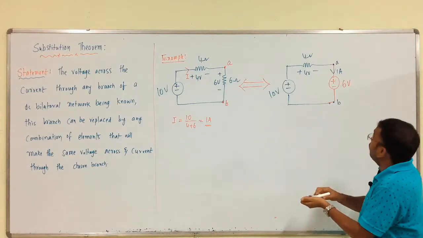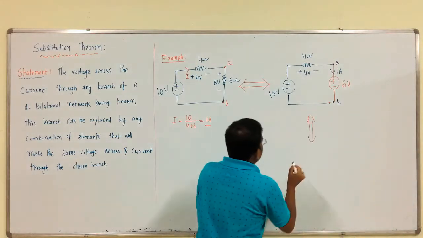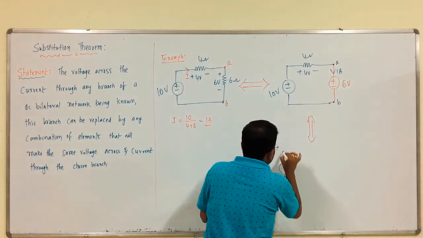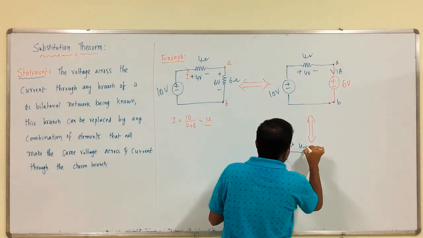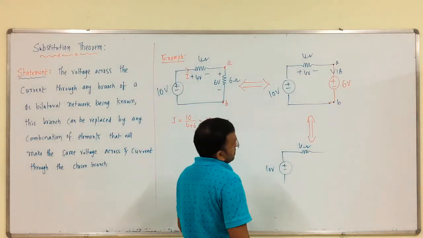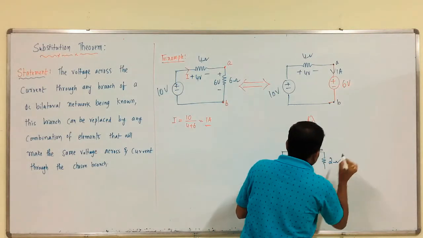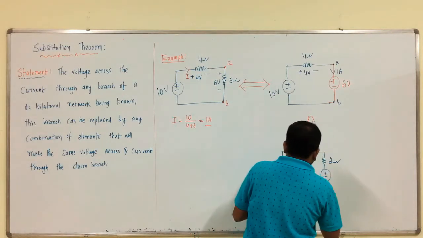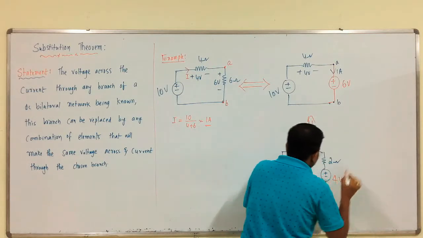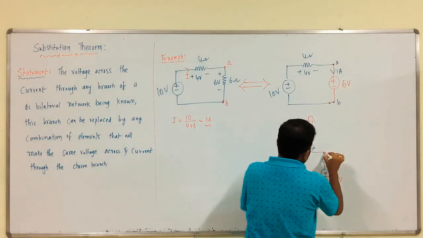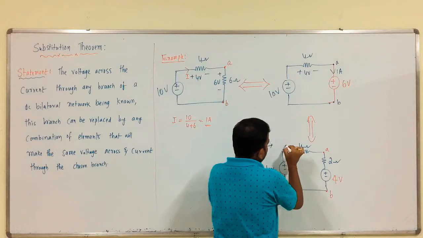Now, we have to get another circuit: plus minus, 10 volts, 4, and next here 2 ohms, plus minus, this is 4, this is A, this is B. The current through this branch is nothing but 1 ampere.